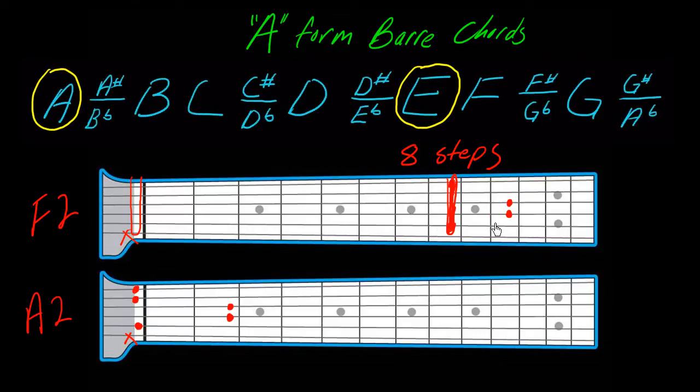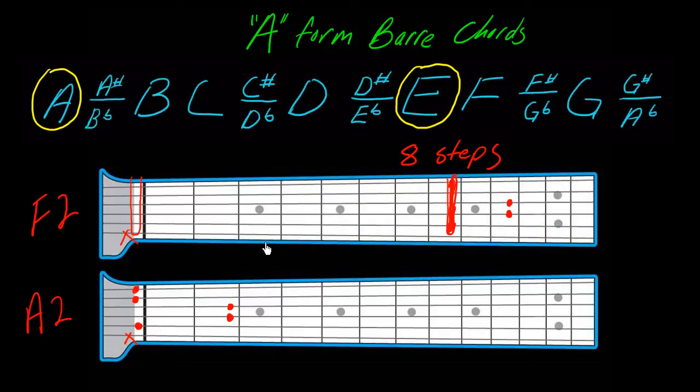You might, for that reason, determine which form to use to play a progression, a set of chords, so that your hands don't have to move too far, because if it's a fast song, it might be too difficult. But between the A and the E form, you can basically play any type of chords in one general region of the fretboard that will allow you to play most any song.